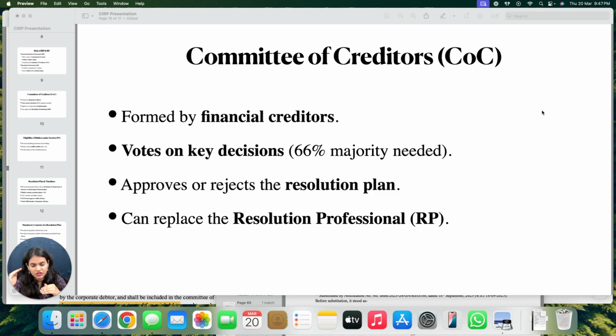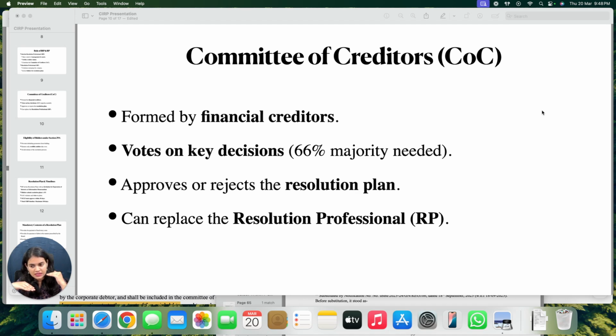Once the resolution plans are placed before them, they may take their decision based on the valuation provided. If the valuation of the company is, say, suppose 100 crores, and the resolution plans are to the extent of, suppose, 150 crores or so, then naturally they will be inclined to go for the resolution plans, because the value of recovery being realized in the resolution plan is much higher.